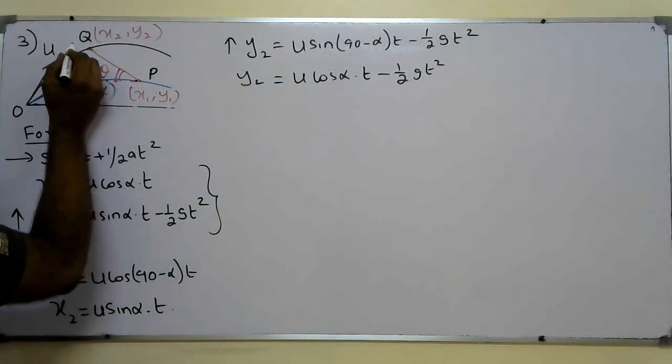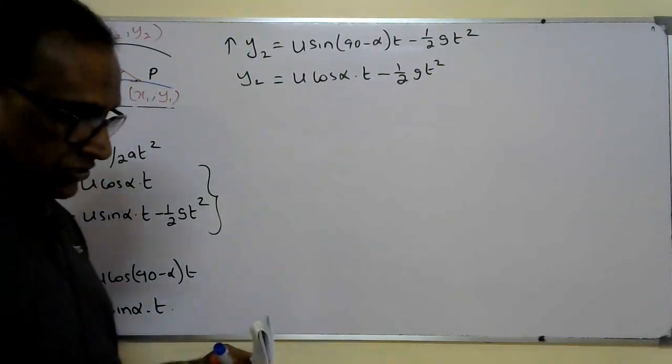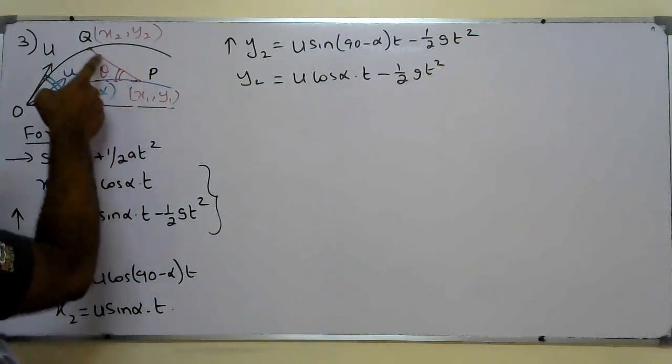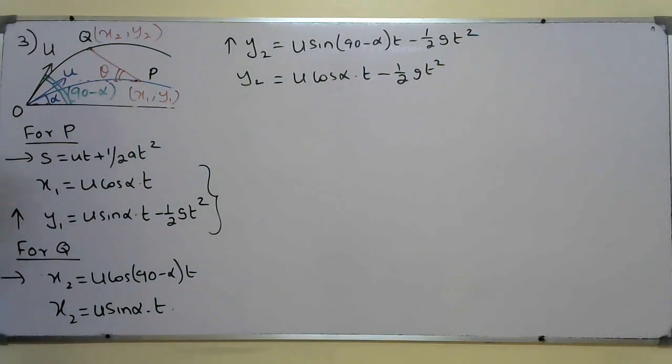Okay, if the line makes an angle theta with the horizontal, I need to find tan theta. Theta is the angle with the horizontal for the line PQ. So tan theta is like the gradient of a line.